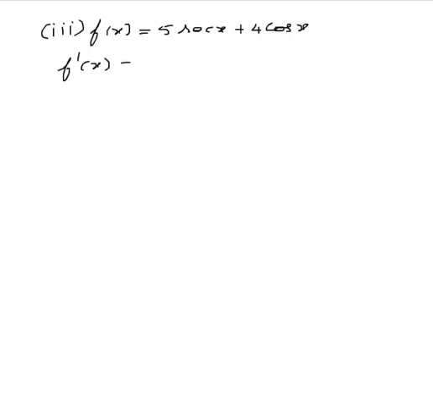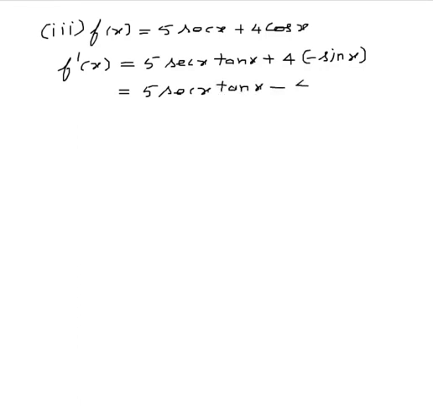We have direct differentiation formula for both the functions. 5 is a constant, keep it, and derivative of secant x is secant x tan x, plus 4 times differential of cos x is minus sin x. Therefore, the answer is 5 secant x into tan x and minus 4 sin x.